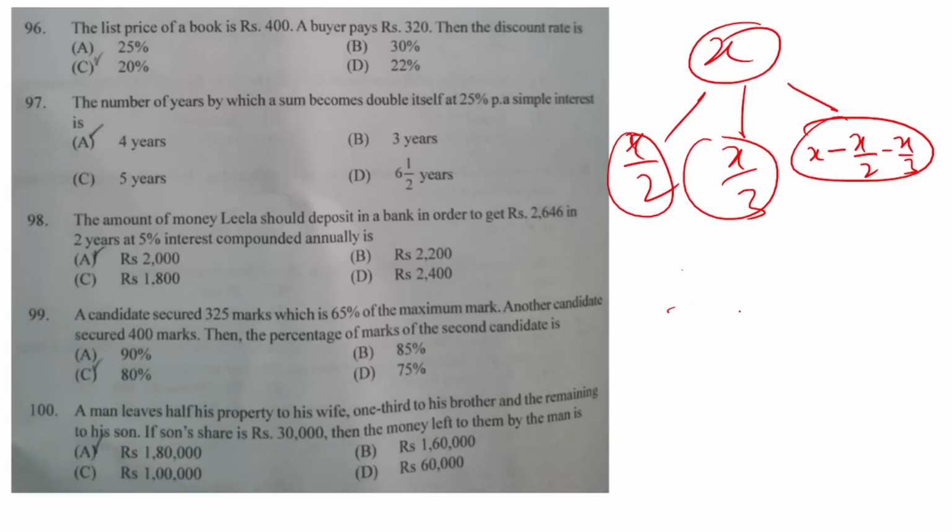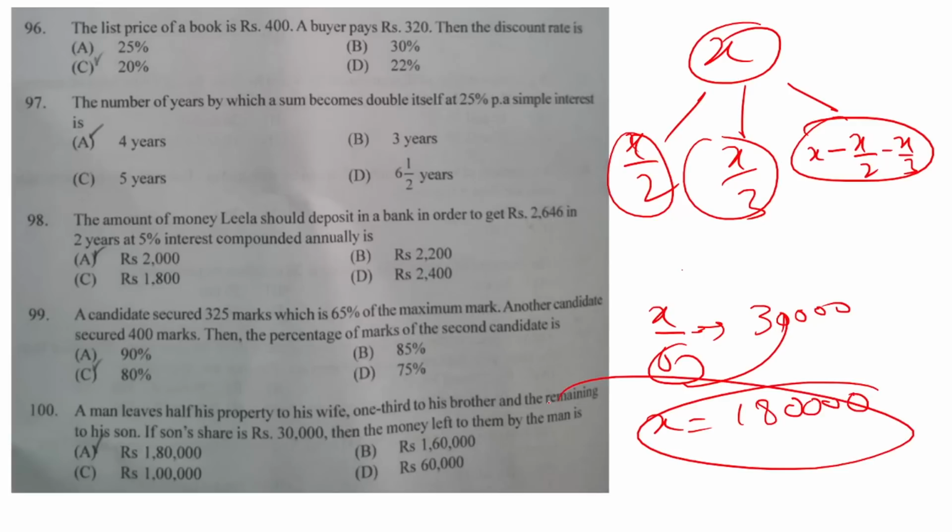The LCM is 6, so 6X minus 3X minus 2X is X. So the remaining is X by 6. Given that the remaining is 30000, we multiply 30000 by 6, so 1,80,000 is the correct answer.